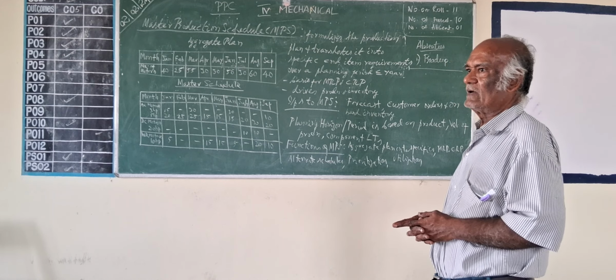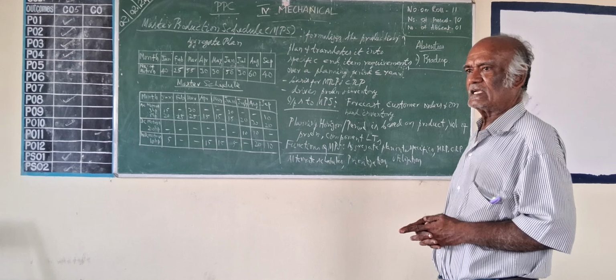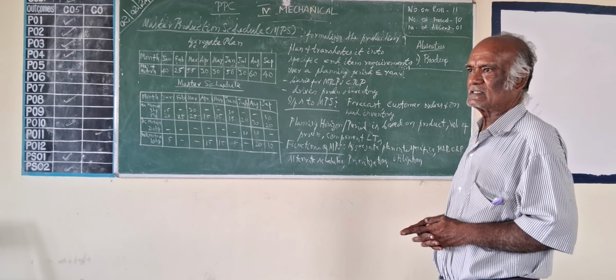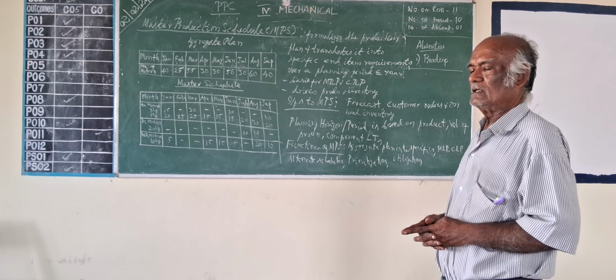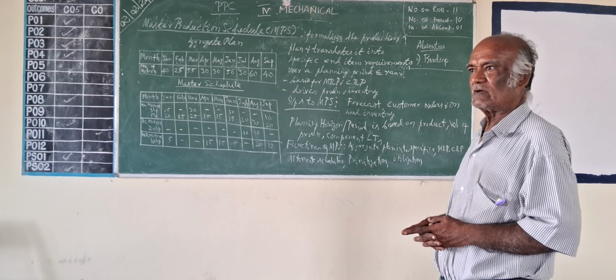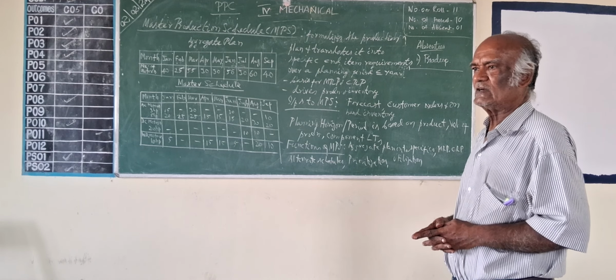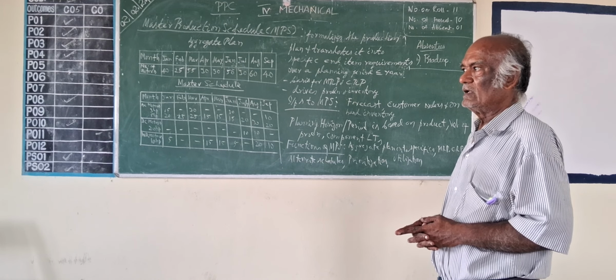It is the basis for production activity and inventory activity. For inventory activity, we have to procure the requirements in time and store finished products which were not disposed of or were surplus in the previous cycle. So that inventory you have to update and utilize.